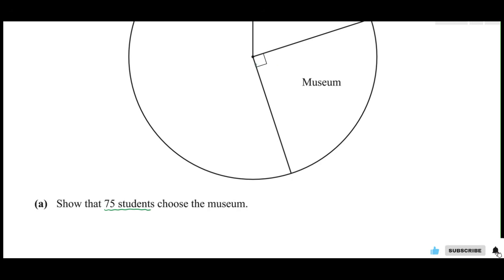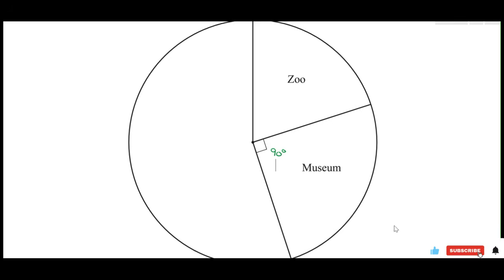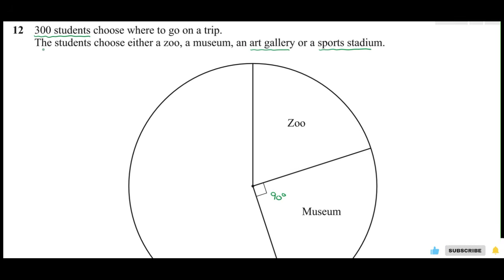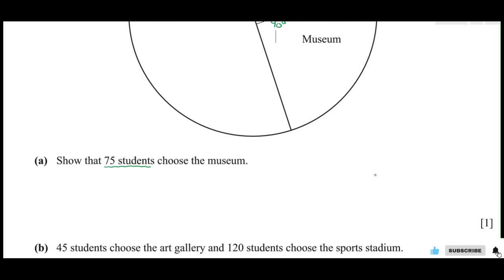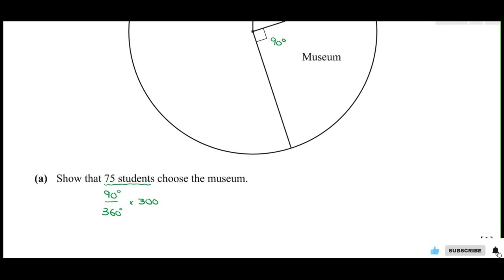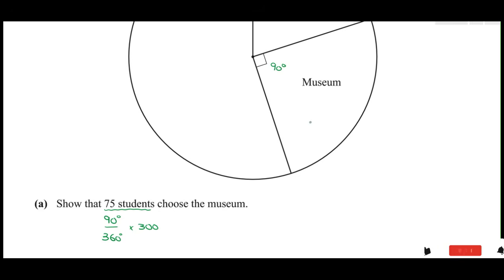Okay, so museum, the angle is 90 degrees for the museum, and the total number of students is 300, right? So for the museum, the angle is 90 degrees out of the total angle 360 degrees, multiplied by the total number of students, which is 300. So 90 out of 360 multiplied by 300.